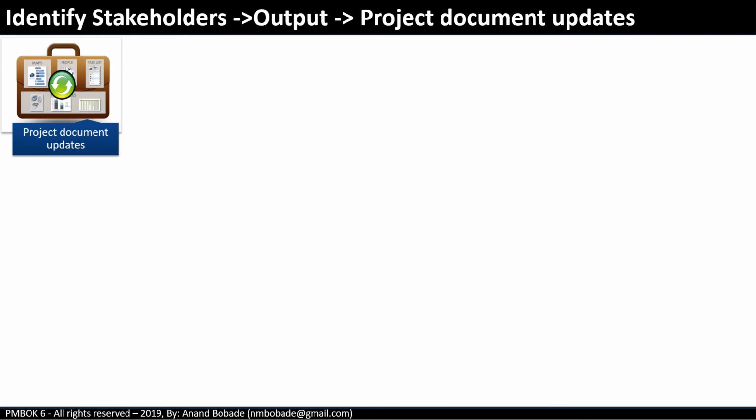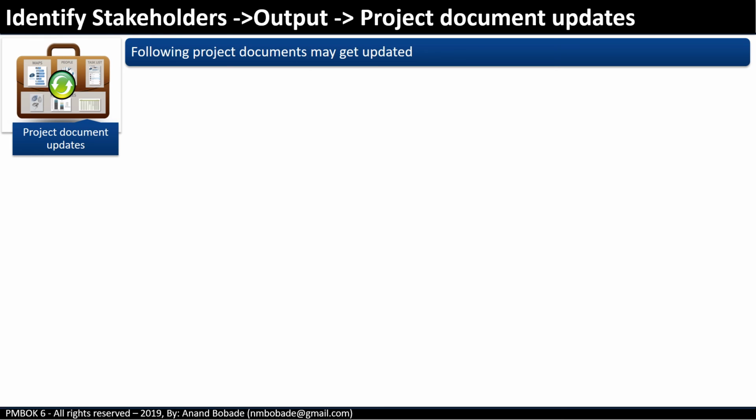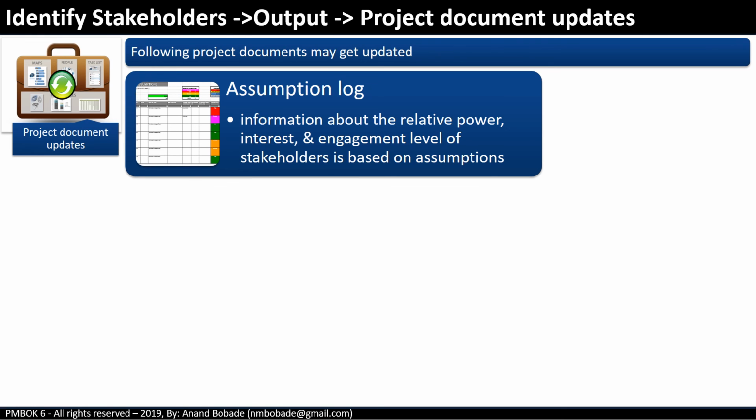Project document updates. Assumption log: most of the information about relative power, interest, and engagement level of stakeholders is based on assumption. Any constraints associated with interacting with specific stakeholders are updated in the assumption log.